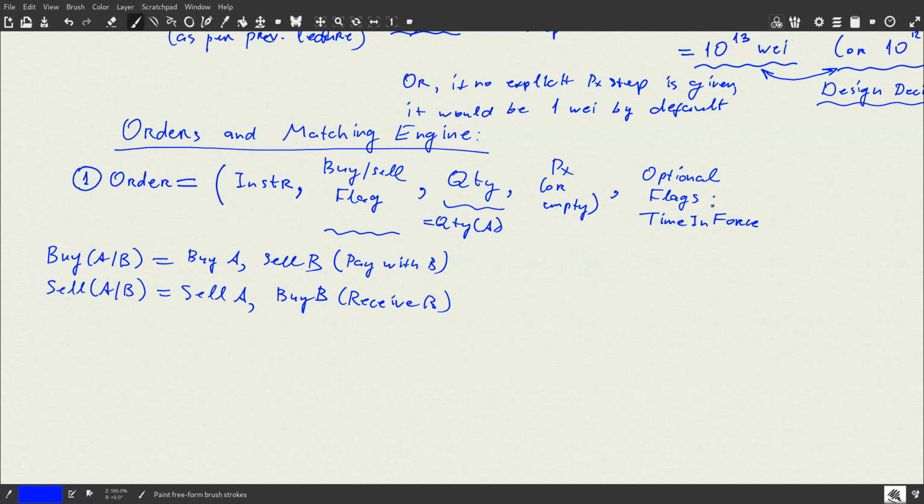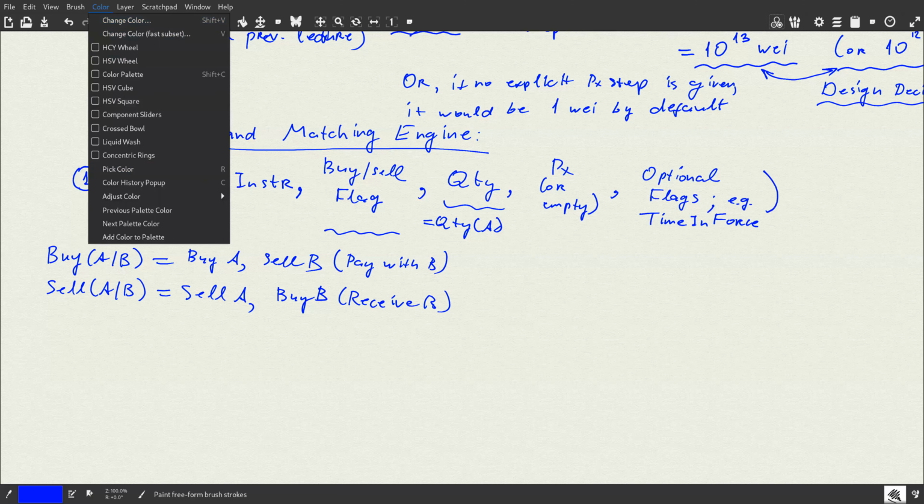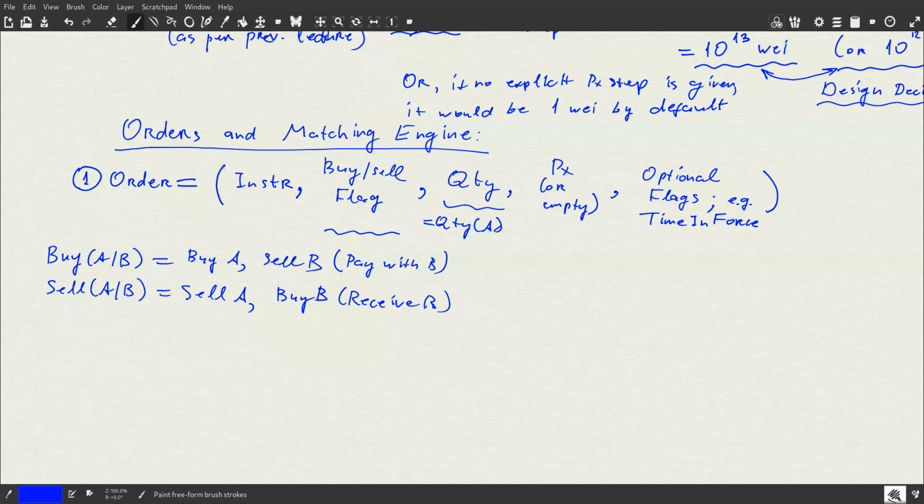For example, and that's not all, because prior to all this, I think it is very important to say that all orders would have some kind of unique ID.